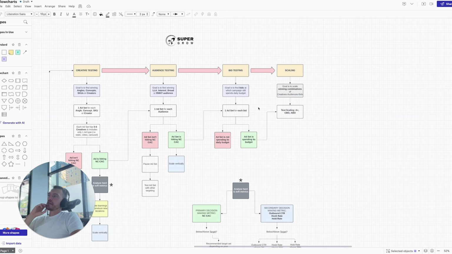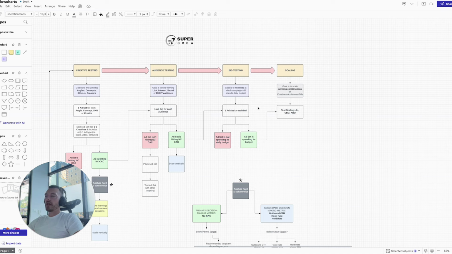So bid testing, I most often do manual bids. And there are different ways to approach it. I like to start with my average CPA. It most likely is not gonna spend, and then do increments of $5, wait for a day, or $10, wait for a day. Or up and down.